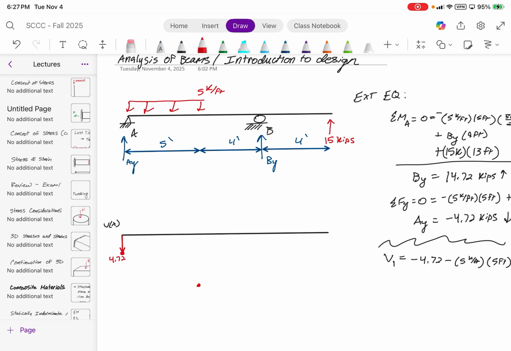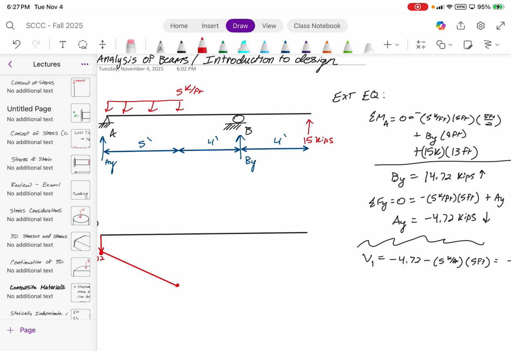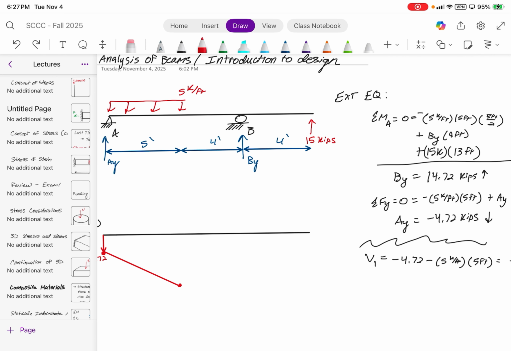All right, how's it going to look? Is it a straight line? Is it quadratic? What do you guys think? It's a slope down. So, it's just a straight line down. Where do we go from here? Where's the next interesting point? It's going to be at By. There's no load applied in this area whatsoever.